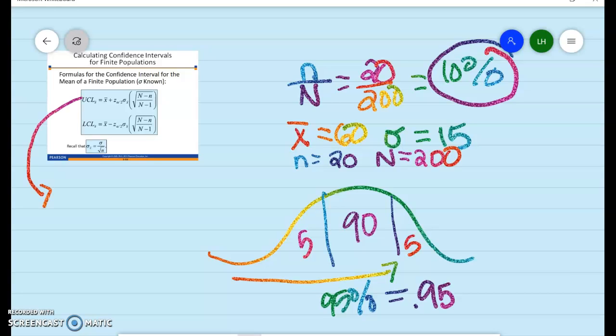We're going to do x bar, which is the sample mean, which is 60, plus and minus 1.645.